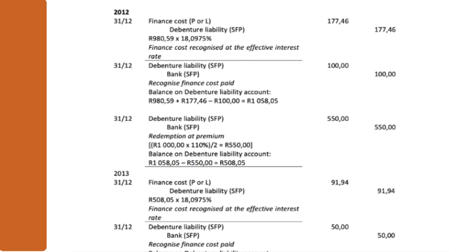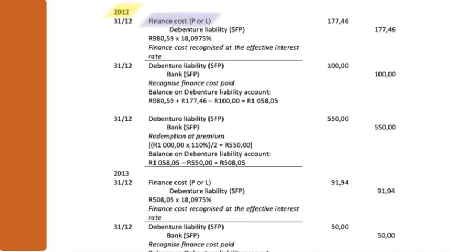We now go down the timeline and we get to the end of year 2, 31 December 2012. What are the journal entries we need to look at? Well, first of all, we need to account for the interest. So we will say finance cost through profit or loss.